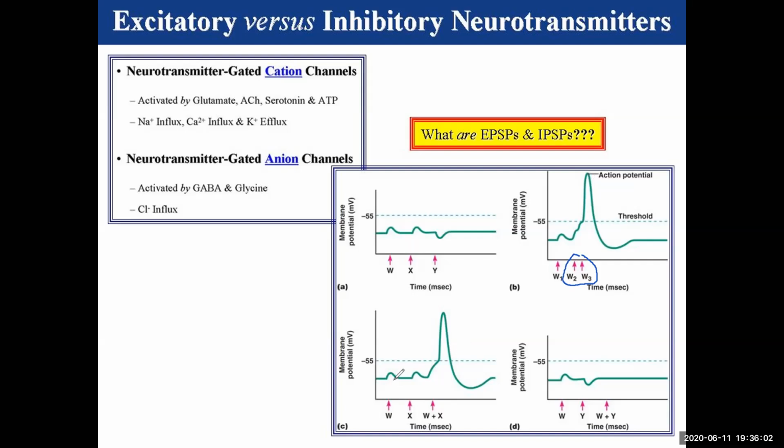Right, same here. This fires by itself, it dies out. It fires by itself, it dies out. But this here is multiple ones firing, so two of them firing together. They add up here to get to threshold. This is the EPSP's graded potential ability to be added up on top of one another, help each other out to get to the axon hillock, get to the threshold potential, so the axon hillock can fire an action potential.